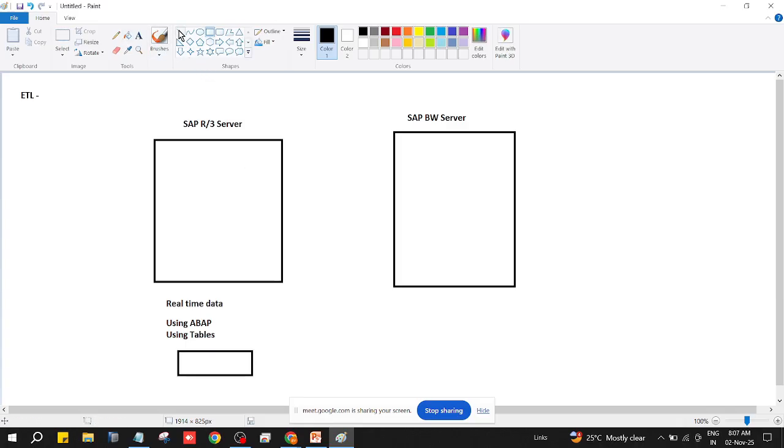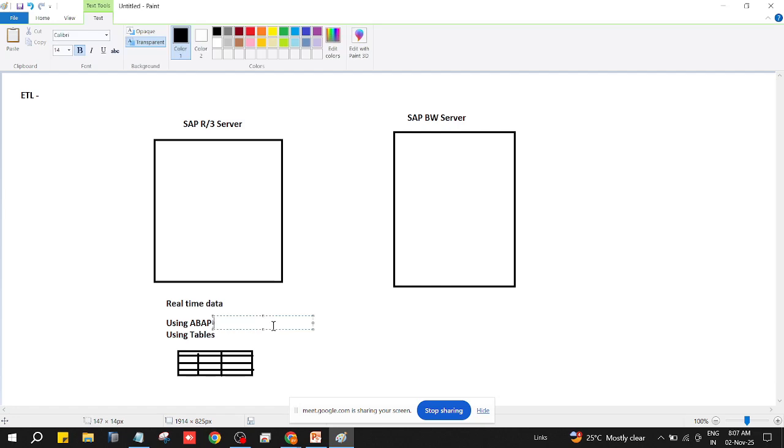The data is stored in the form of rows and columns, correct? So in ABAP, if you look at it, we can generate a report, but only a two-dimensional report is possible. That is the limitation of ABAP.